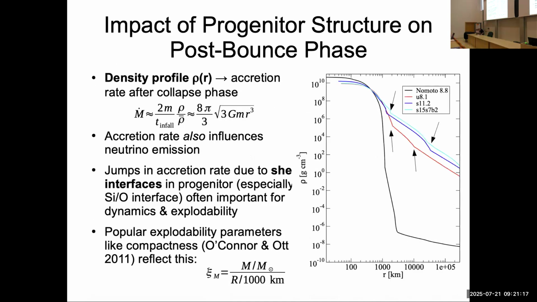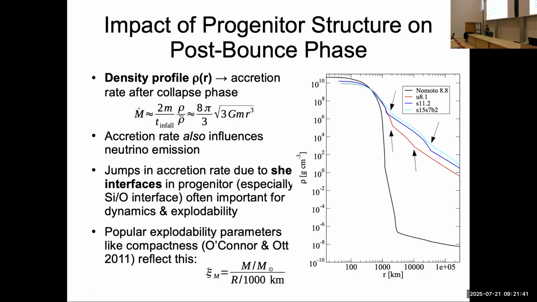All right. Now, what dictates whether or not you go into explosion? There's been a lot of phenomenological study of that topic for the last decade in 1D, 2D, 3D simulations. And one thing that we certainly recognize, and I think that is now very firm, is that the progenitor structure of the star matters very much.